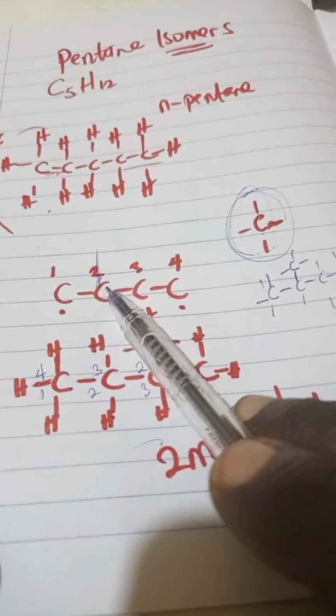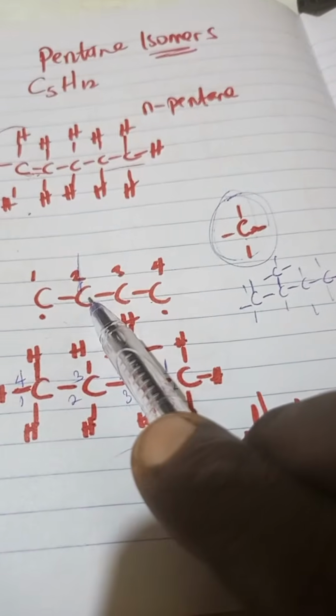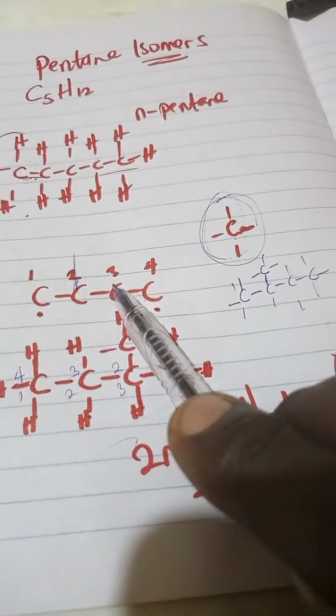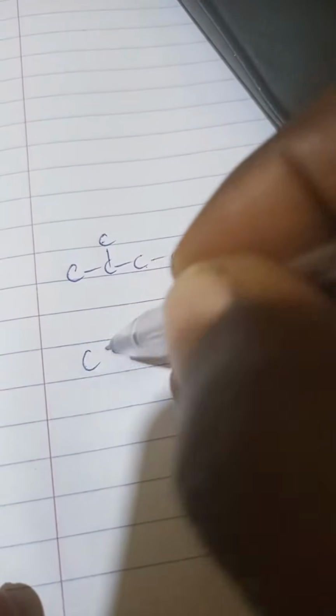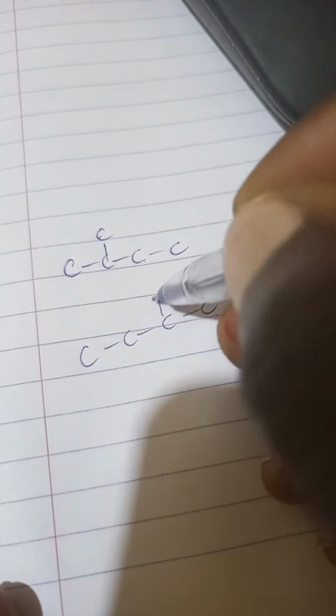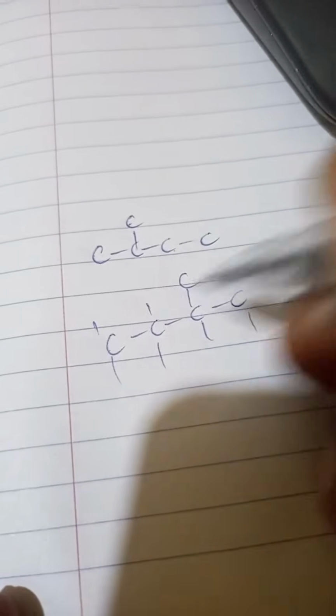You can only put it here or here, and only on one side. If you put it here, it's 2-methylbutane. If you put it here, it's also 2-methylbutane. So that means you are repeating yourself. So I think only one direction is okay. So we are done with that one.